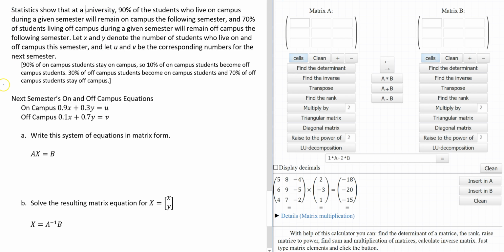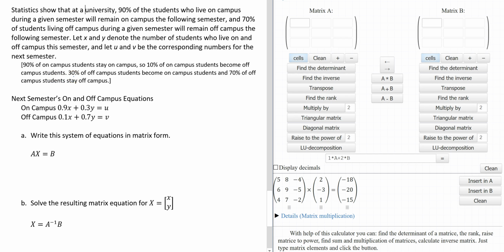Okay, so a little bit of information that's helpful here is that 90% of on-campus students stay on campus the next semester. That means 10% of on-campus students right now become off-campus students the next semester.